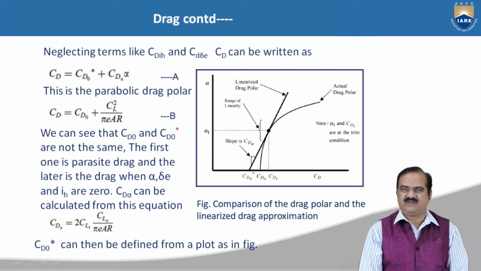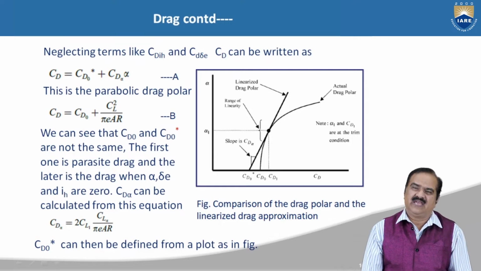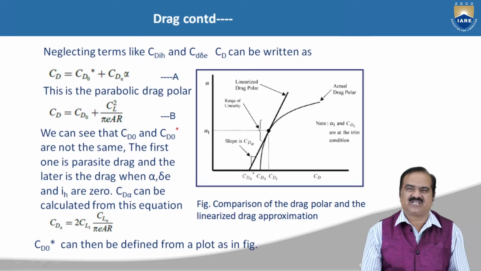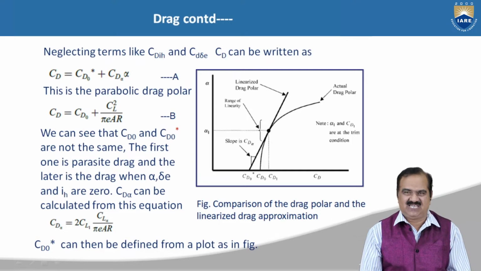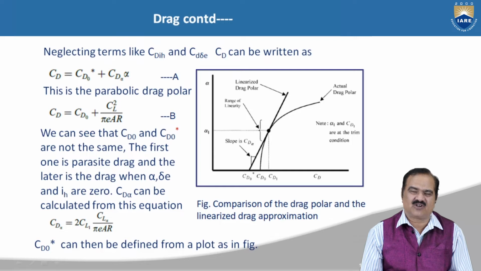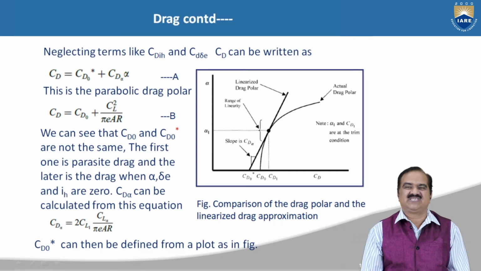This is equation 1. In aerodynamics we have studied the parabolic drag polar, where the total CD is equal to CD naught plus CL square by pi e AR, where AR is the aspect ratio and e is the efficiency of the wing.